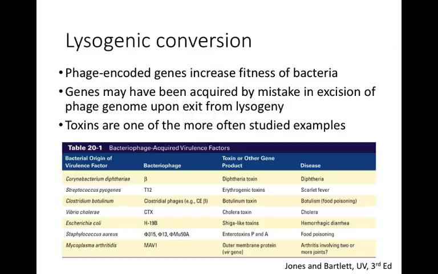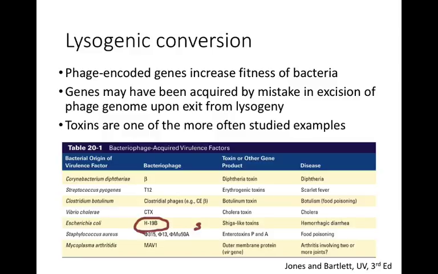We see other examples as well in E. coli, where a bacteriophage known as H19B, which no longer produces lytic virus at great frequencies, is largely stable within the genome.